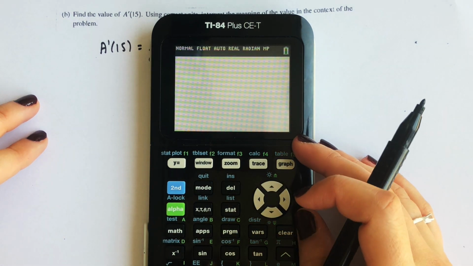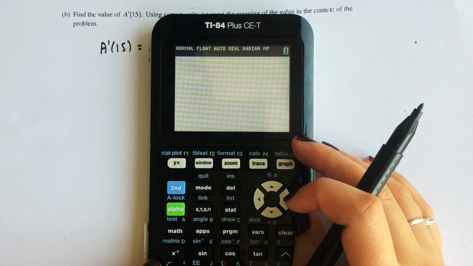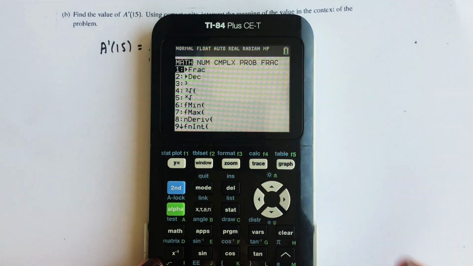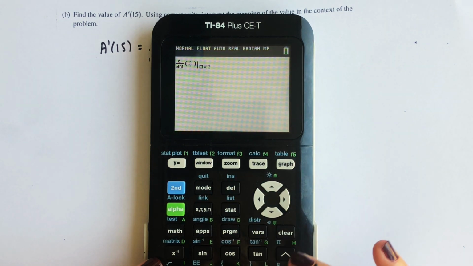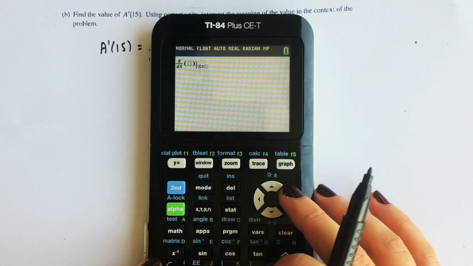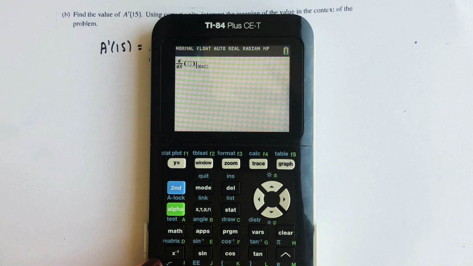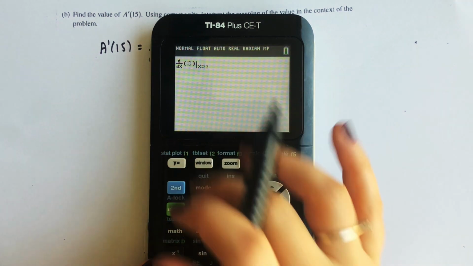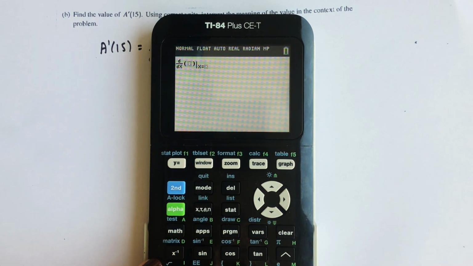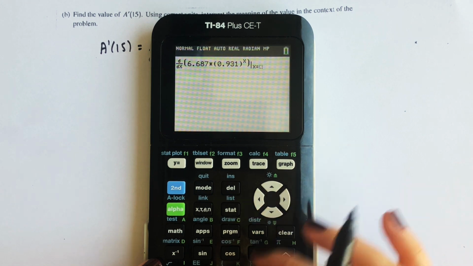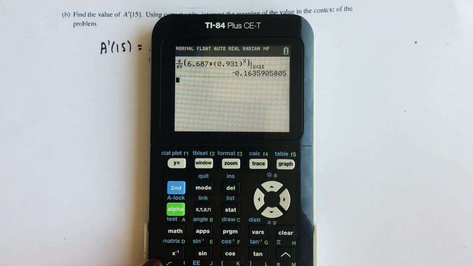First I open the TI-84 and I'm going to write the derivative using math and 8, x. After that I'm going to write the function. The function is 6.687 times 0.931 to the power of x, at x equals 15.